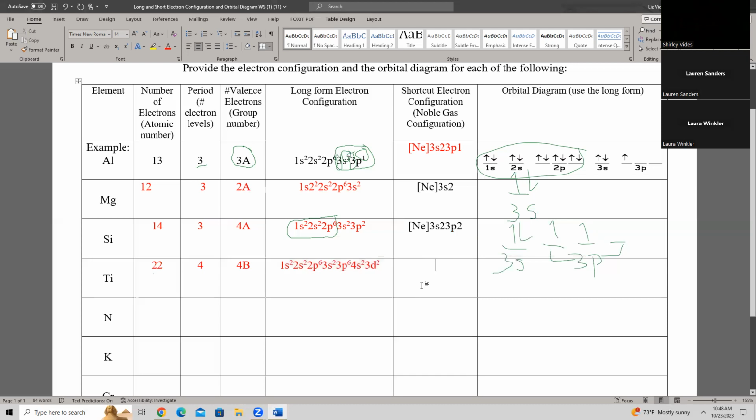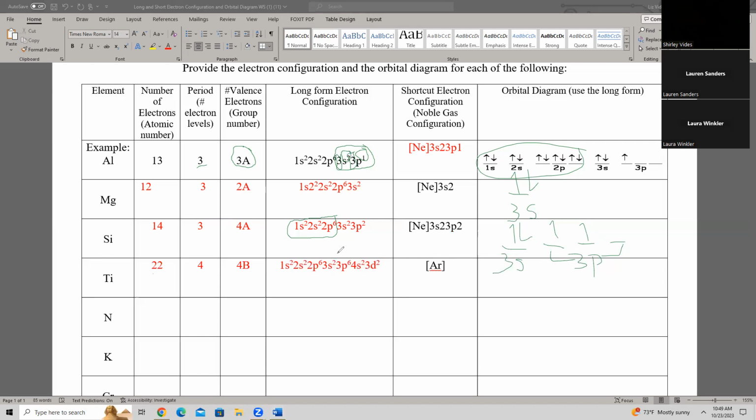Okay, so how do we do our shortcut? Look for titanium, go up 1, and that is argon. So Ar. And then so where does titanium start? Well, right here.